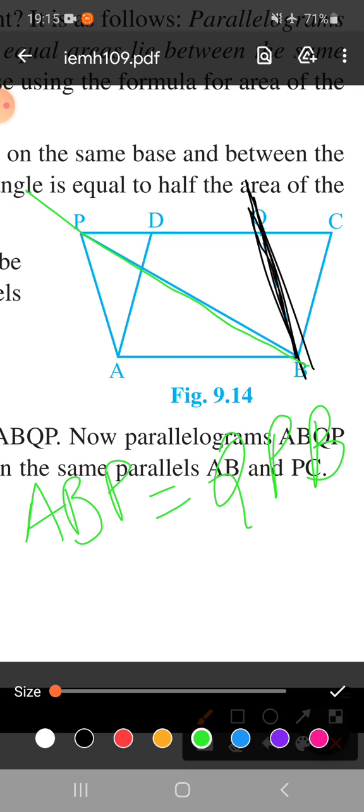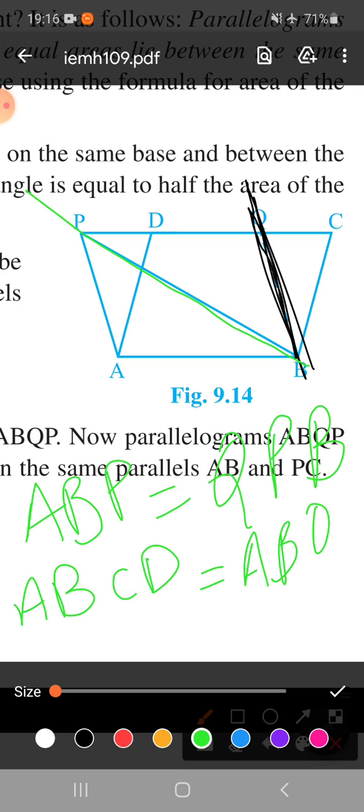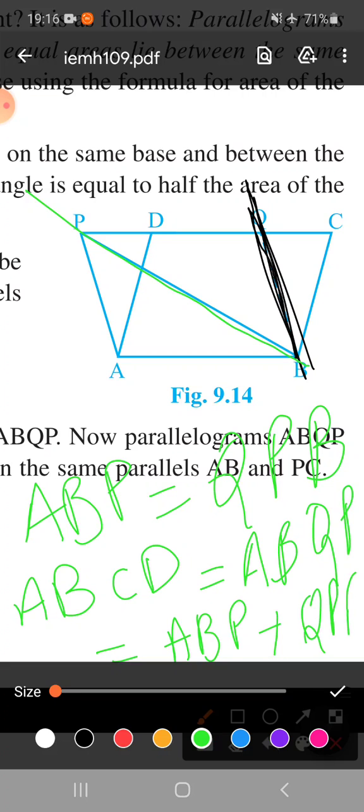So area of ABCD equals ABP plus QPB, right?